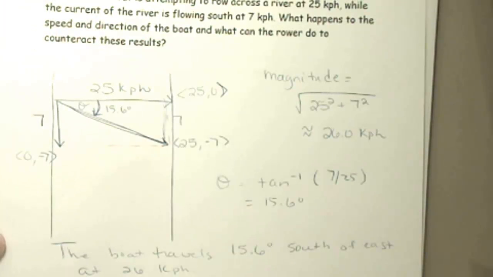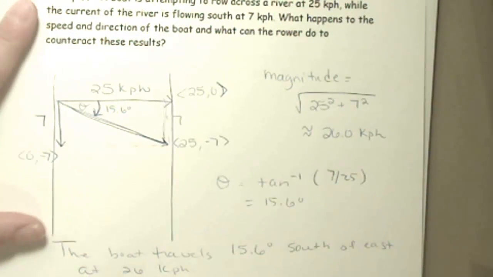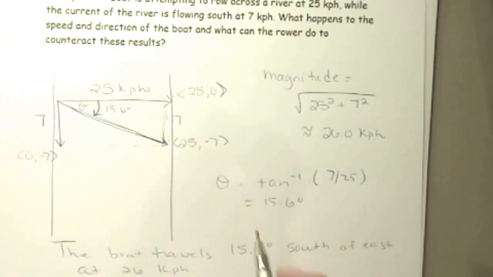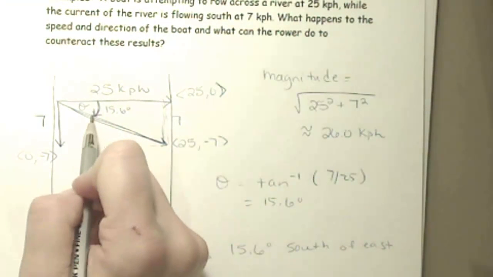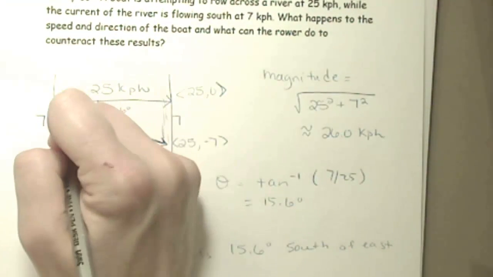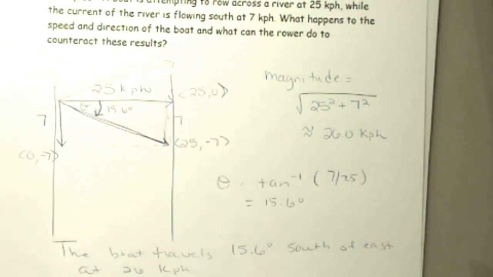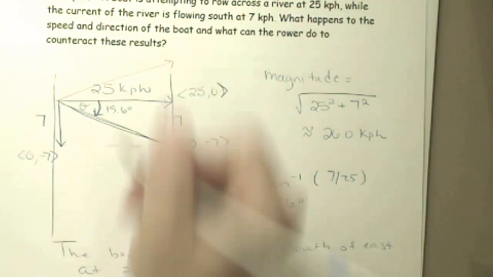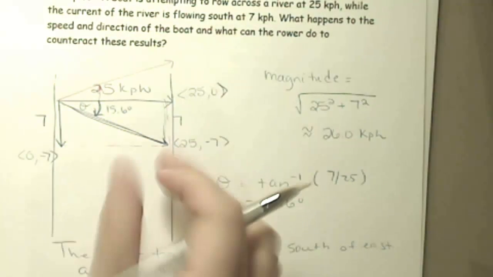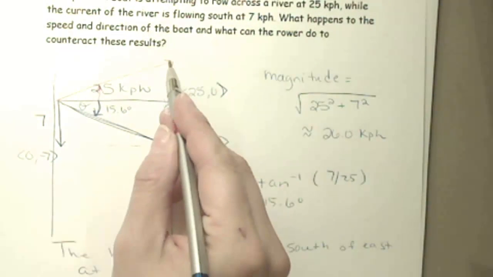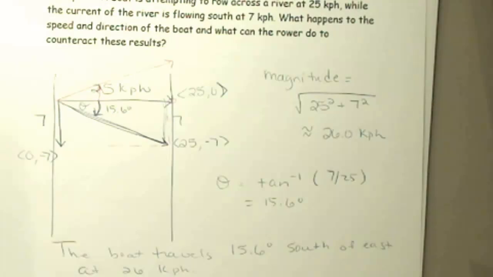To address the question of what the rower can do to counteract these results, the rower can counteract being pushed 15.6 degrees down by pitching the front of the boat, or the bow of the boat, 15.6 degrees up so that its overall trajectory will end up where it wanted to go in the first place.